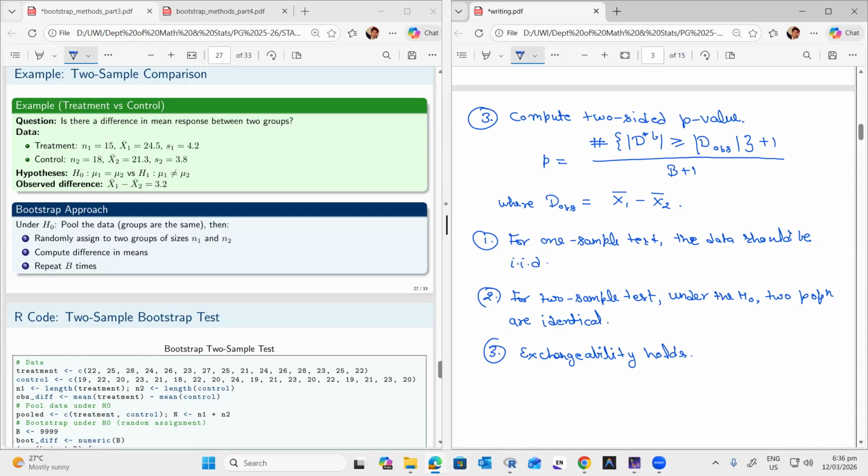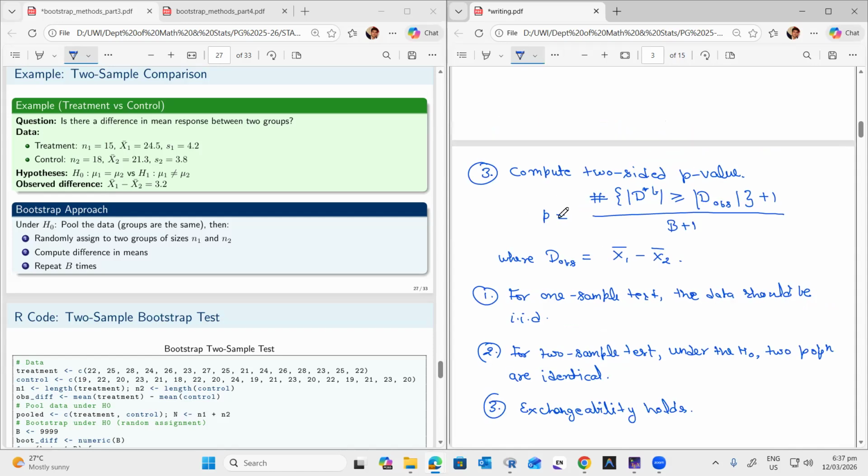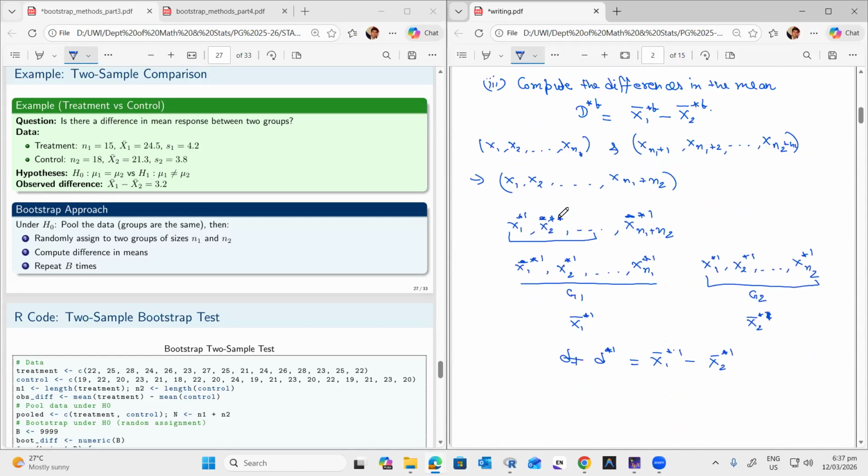What we were doing, if you see here, both observations were there, x1, x2, up to xn1, and xn1 plus 1 up to xn1 plus n2. So after combining both of them, we generate the sample.